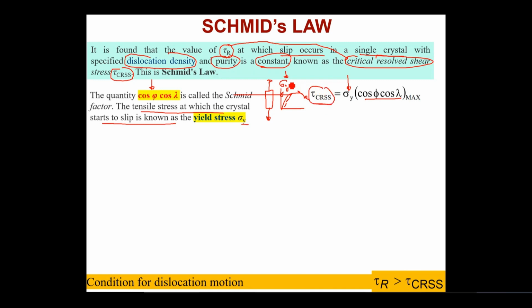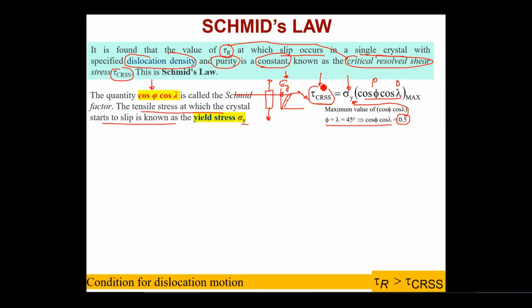All right. So if you look at this term mathematically, you would have the maximum value of this factor when the plane and the direction are at 45 degrees from the normal. This factor multiplied by the yield stress of the material would give you the critically resolved shear stress value for the single crystal.